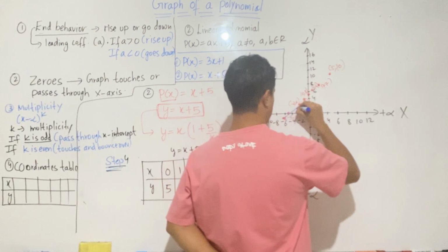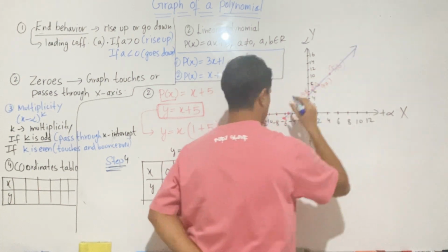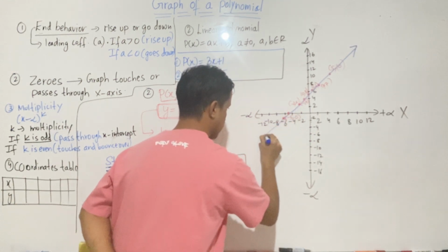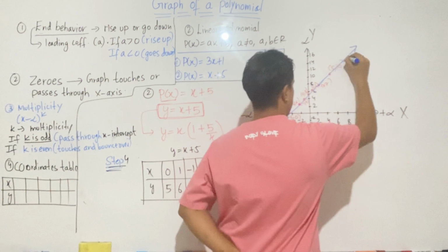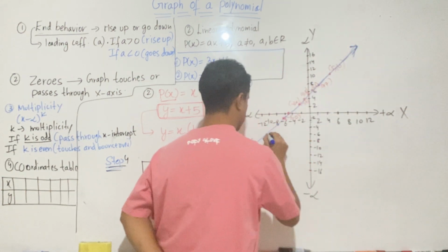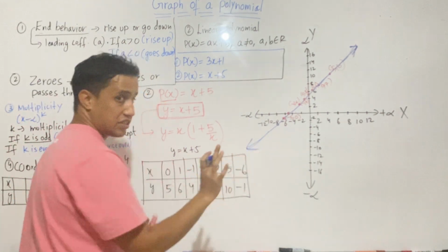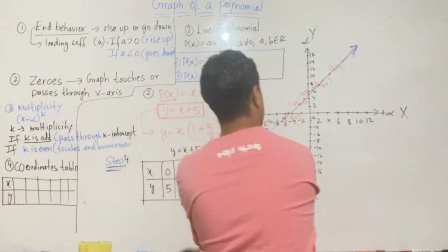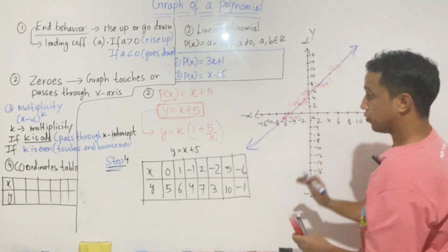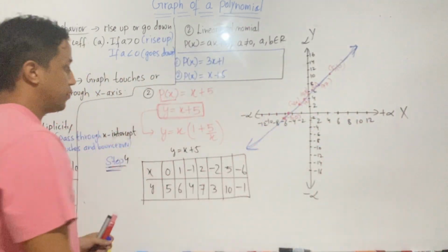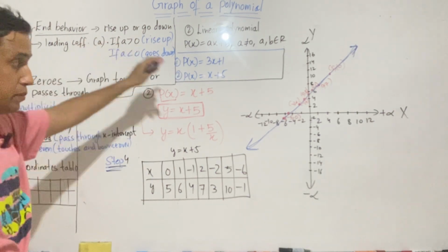Now see here, if you try to join all these points, you will get a straight line. Okay. Why? Because the end behavior was rising up. We already found the end behavior for this.